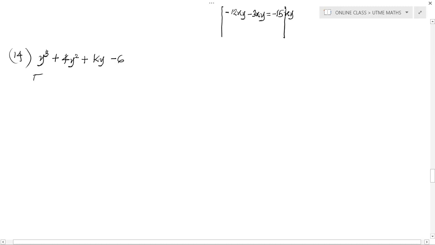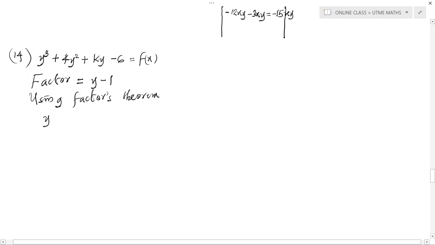But we're given the factor. The factor is equal to y minus 1. Let's say this one is a function of y. Now, using the factor theorem, that says that once you have a factor, just find the zero of the factor, y equals 1.